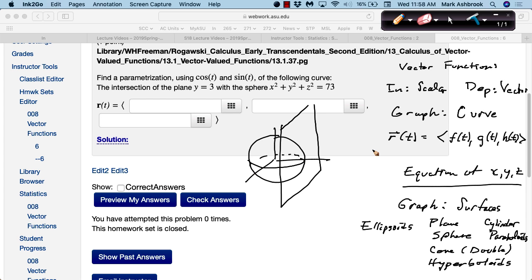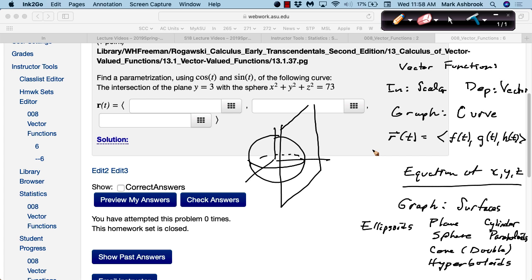What do you get when you intersect the two surfaces together? Any two surfaces, you get a curve. And how do we represent curves? A vector function. So take two surfaces, they cut, and they create a curve. Based on the equations of those two surfaces, we should be able to generate a vector function that is that curve. Does that make sense?